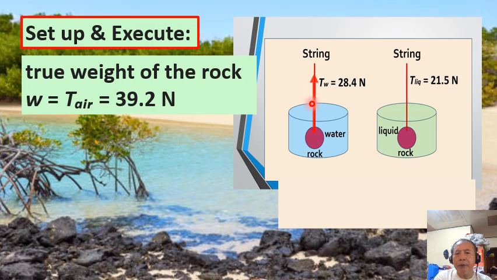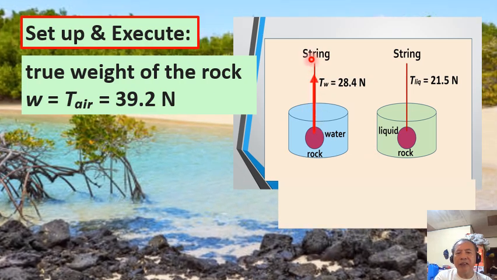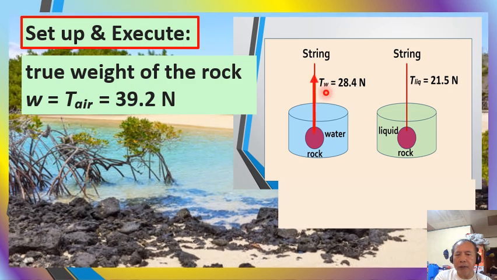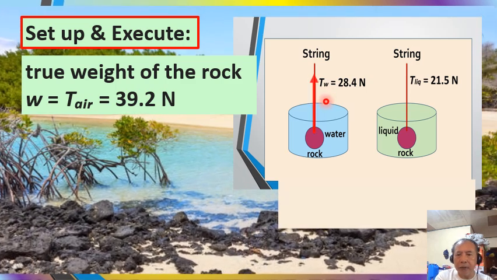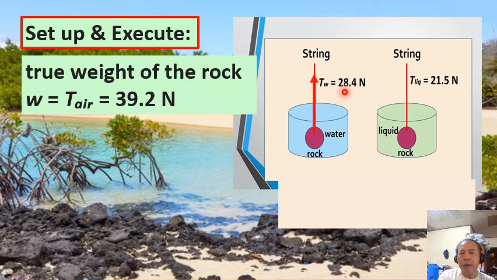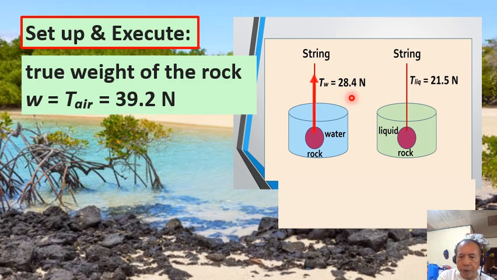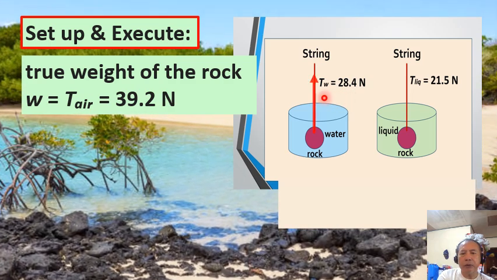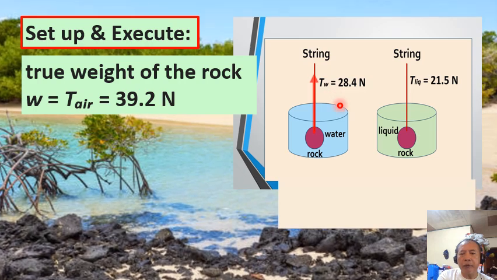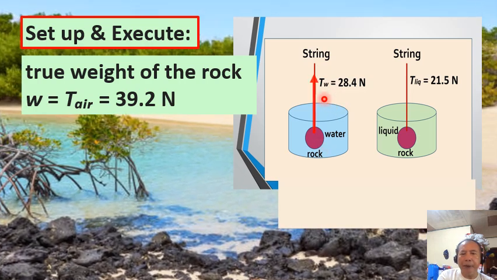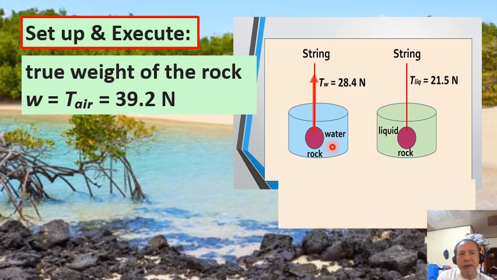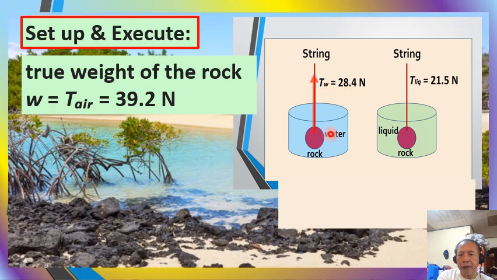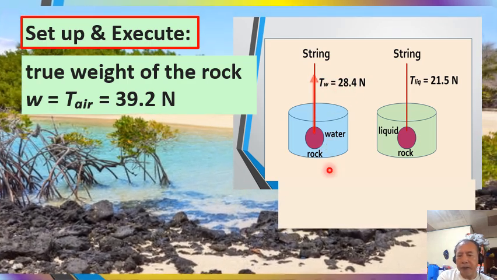We have the force exerted by the string pulling the rock upward. We call it the tension in the string, labeled T sub W, and it is equal to 28.4 newtons. Sometimes this is also called the apparent weight of the rock, apparent meaning when it is submerged in the water. So it's not the true weight, but simply the apparent weight.